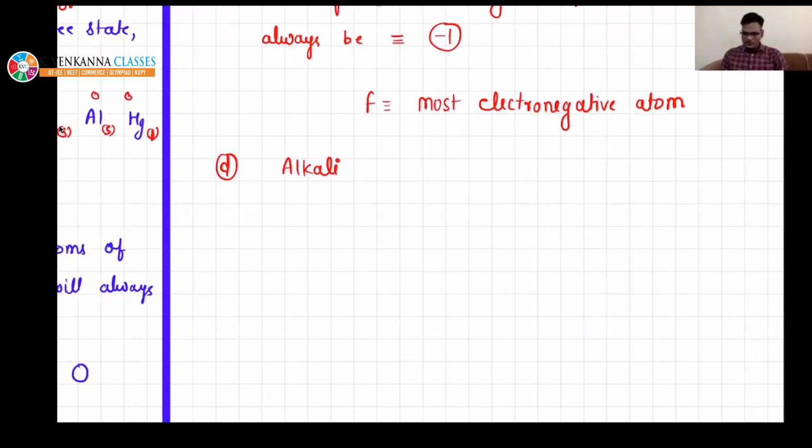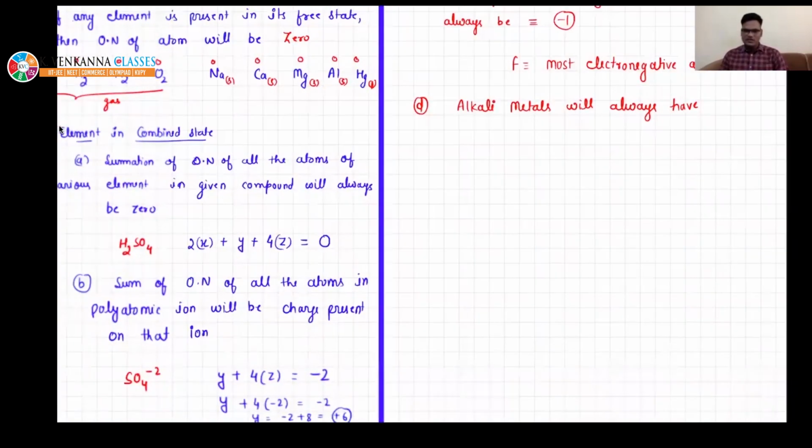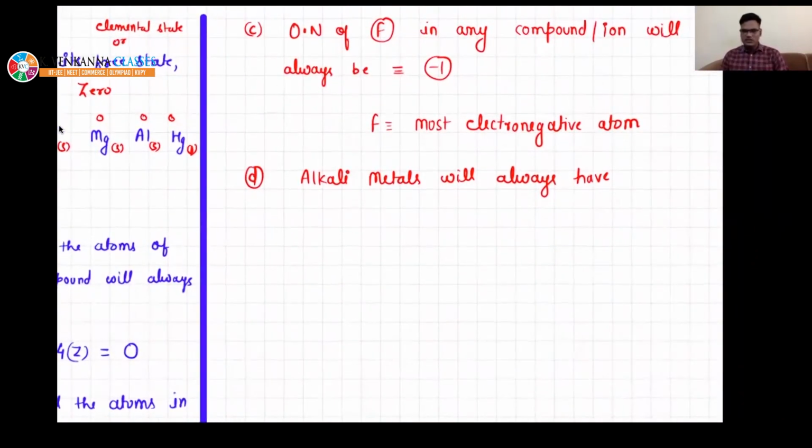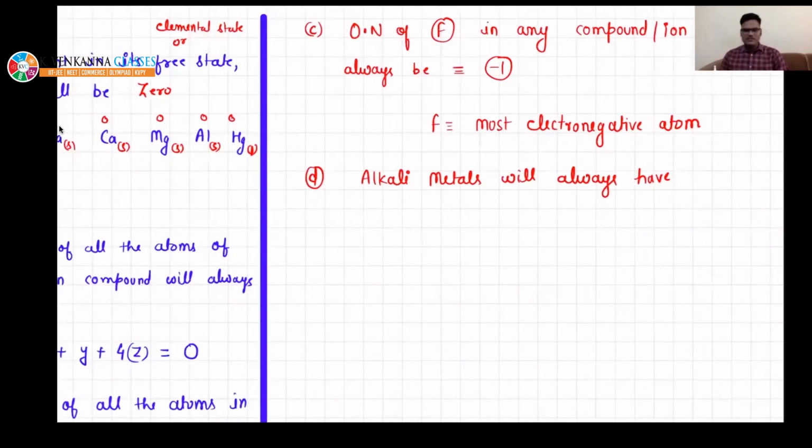Alkali metals, if you see alkali metals anywhere, will always have... we are discussing the combined state, right? Yes, Tanushree, I am always talking about the combined state. By default, whatever I write now is for the combined state, not the free state. We have already discussed the free state.